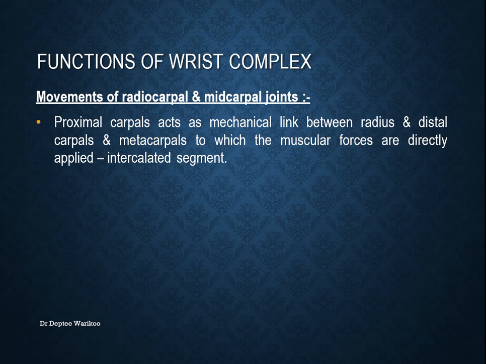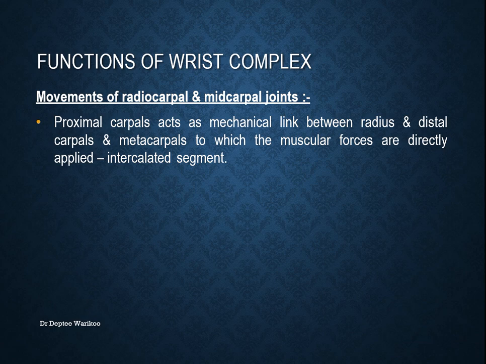Now starting off the functions of the wrist complex. First we will be discussing the movements of the radiocarpal and midcarpal joints. Motions in the radiocarpal and midcarpal joints are caused by a rather unique combination of active muscular and passive ligamentous and joint reaction forces.